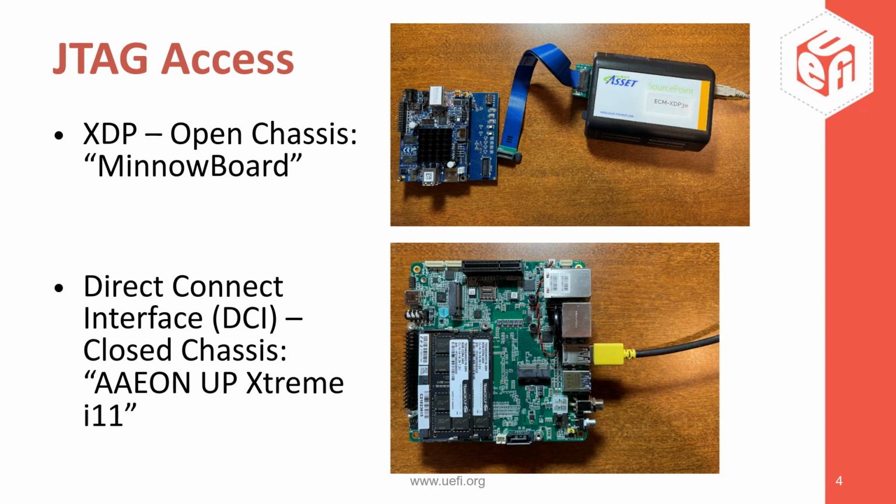The first one, of course, is the one we're most familiar with, what we call open chassis debug, via the Intel XDP, the Extended Debug Port. In the picture at the top right, just to the right of the board, there's a little blue PCB and adapter board that has the XDP header on display down on the bottom right.